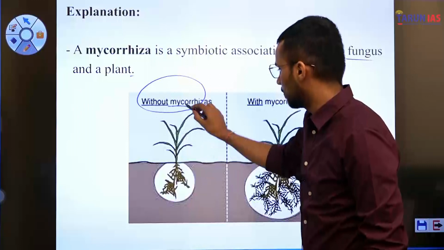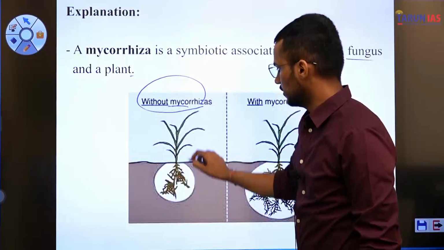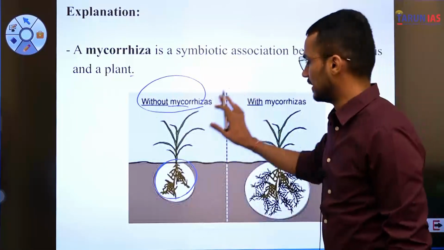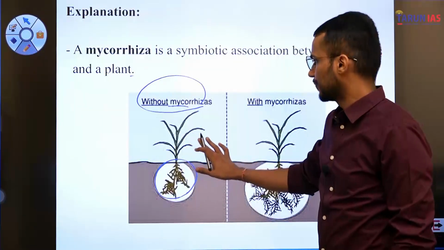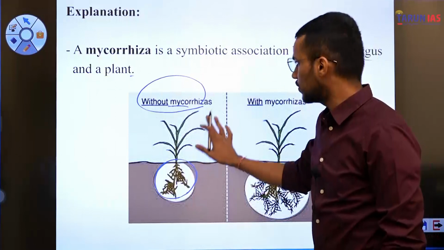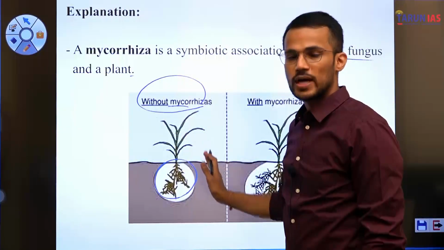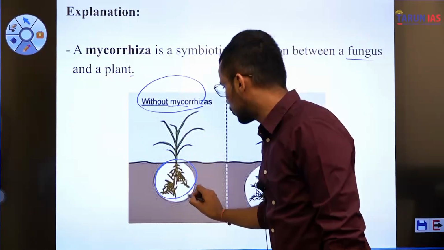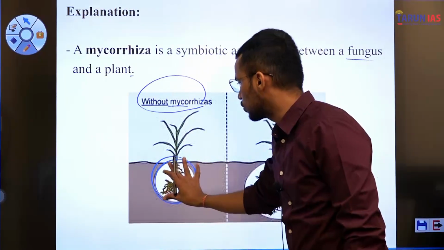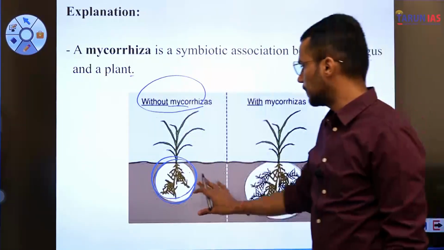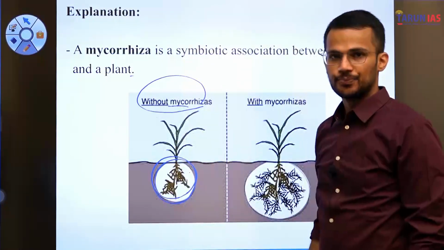So this particular plant is not associated with mycorrhizae in this case. As a result of no association of this plant with mycorrhizae fungus, the root absorptive area is quite limited, as you can see in this diagram. Root absorptive area is limited.